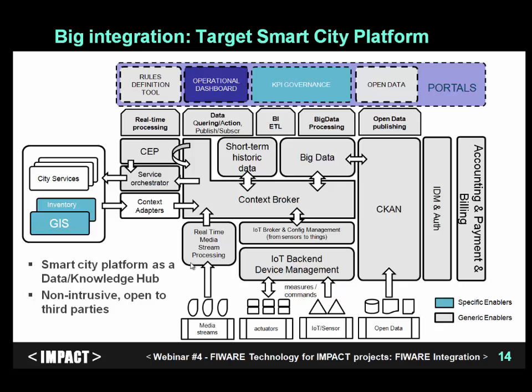But this diagram just wants to show you how the different enablers can be connected to one another and how they can interact with the outside world here and with the applications and the devices here, and it's a whole ecosystem that is interesting for you to take a look at, and also to use as a reference when you're developing your application architecture, as you can see here how each enabler can connect to the others and how information can flow from one to the other. So I think it's a useful diagram.